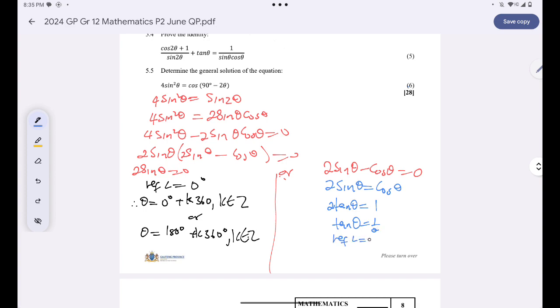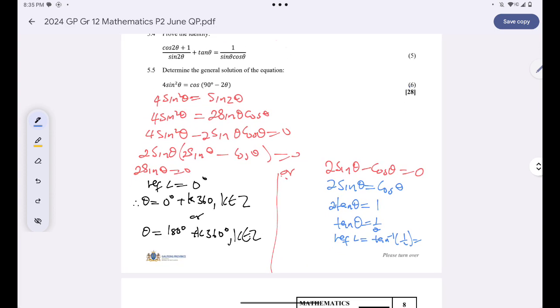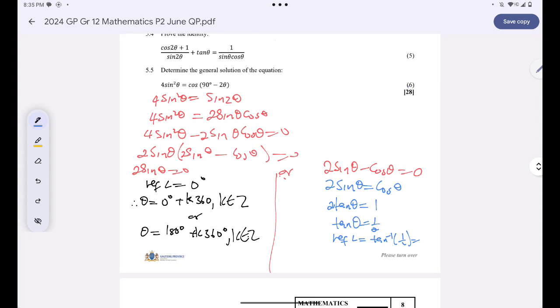My reference angle is tan inverse 1 over 2. Let me go fetch the calculator. Tan inverse 1 over 2 is equal to 26.57.